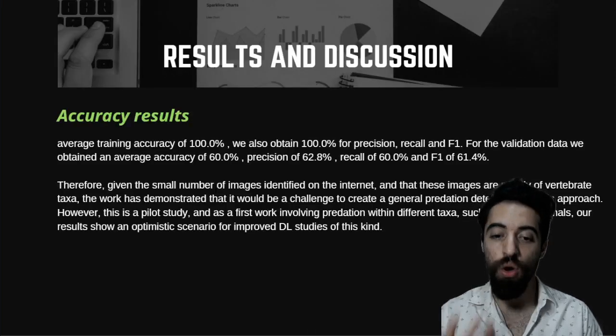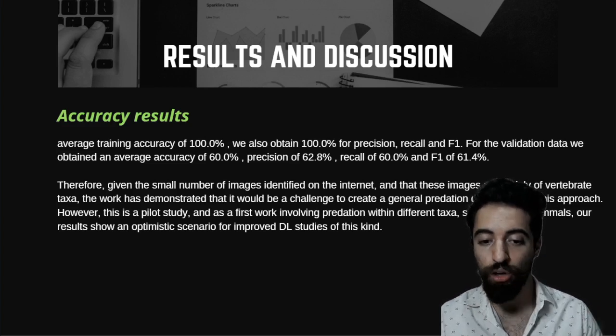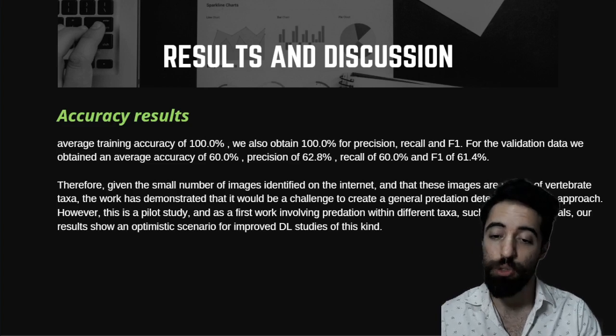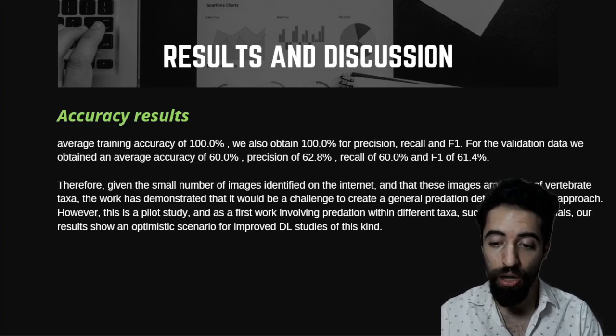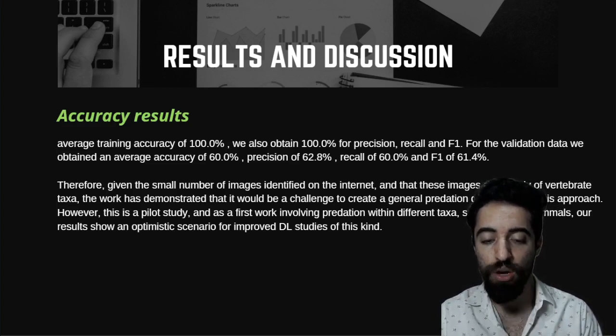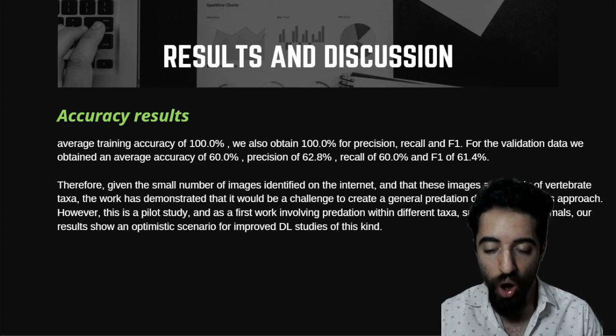So when we go to the results, we have an average training accuracy of 100%, and the same for all the other parameters. But when we go to the validation section, we have an average accuracy of 60%, a precision of 62.8%, a recall of 60%, and an F1 of 61.4%.